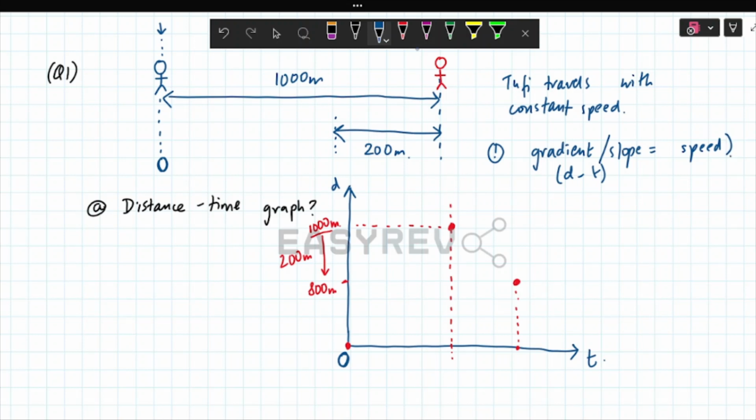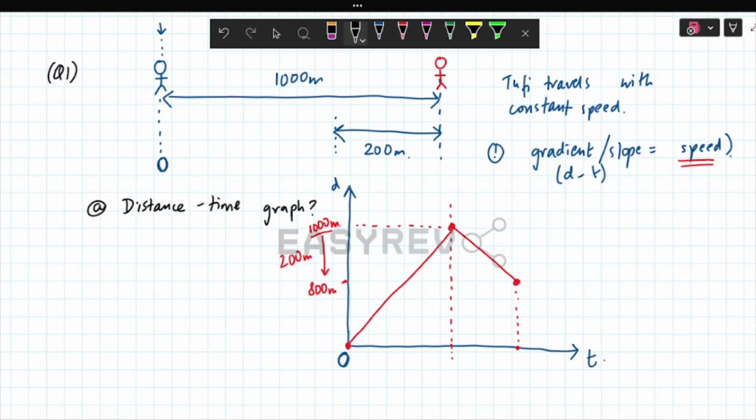So if I want a graph line that represents constant speed, it has to be such that it has a constant slope, which would be a straight line. So a straight line drawn from 0 to 1,000 meters, and then a straight line going from 1,000 to 800 meters. And so here we have our first distance versus time graph.